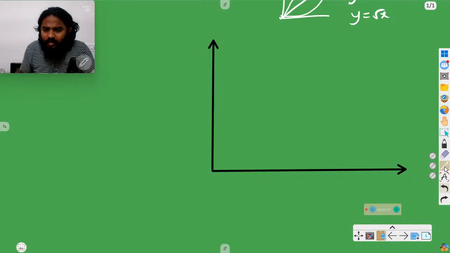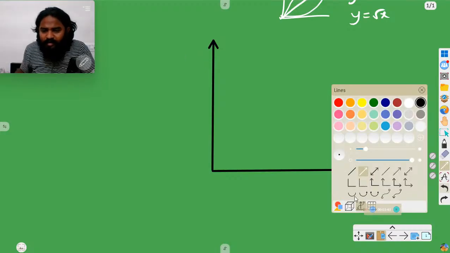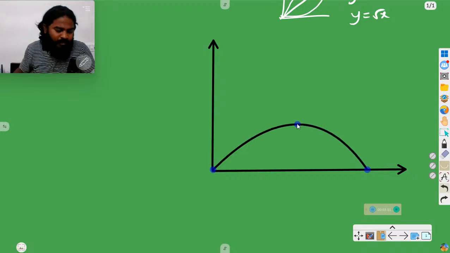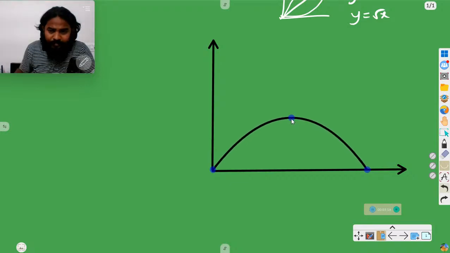Clear? Now we are projecting an object. When you have projected it, it follows this path, right? This is the projectile path.